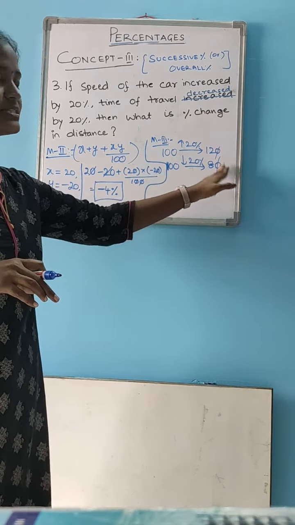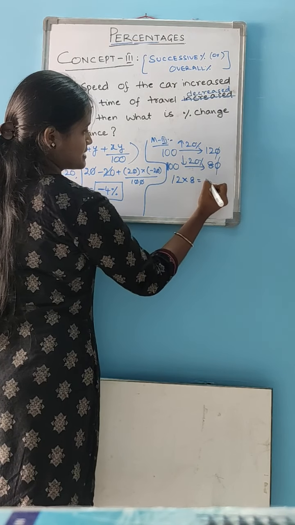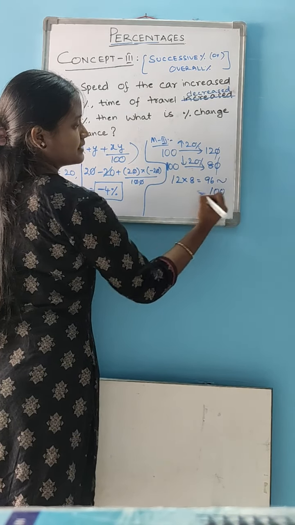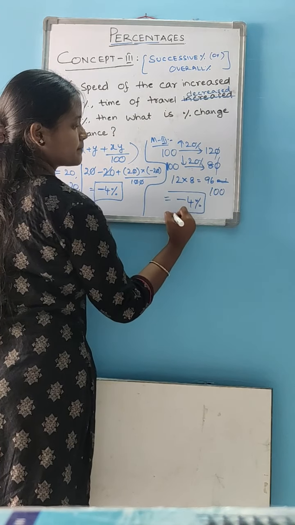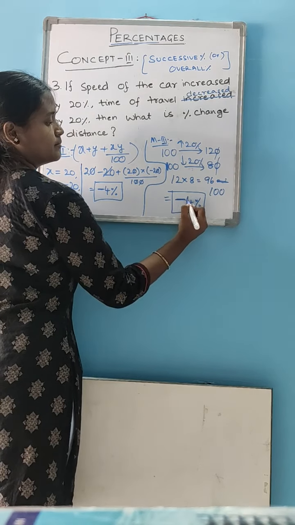That means 12 into 8, that is 96. Now you see the difference with 100. That is minus 4, minus 4%. That is, distance travelled decreased by 4%.